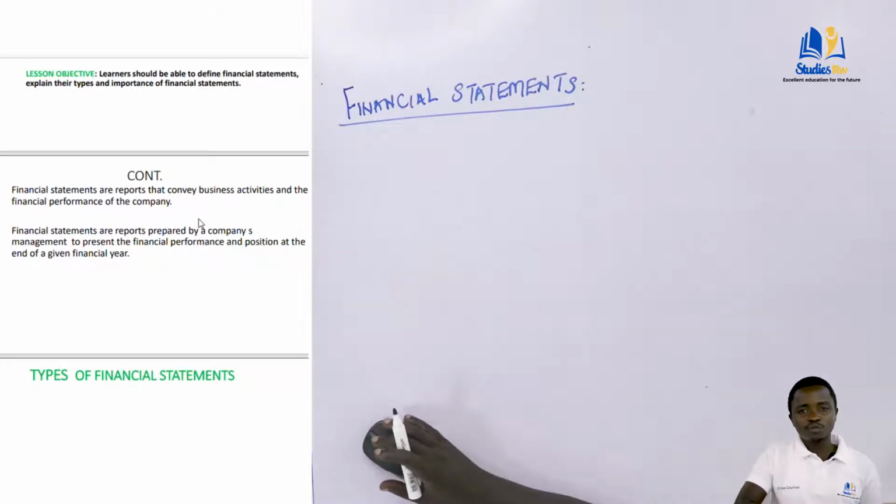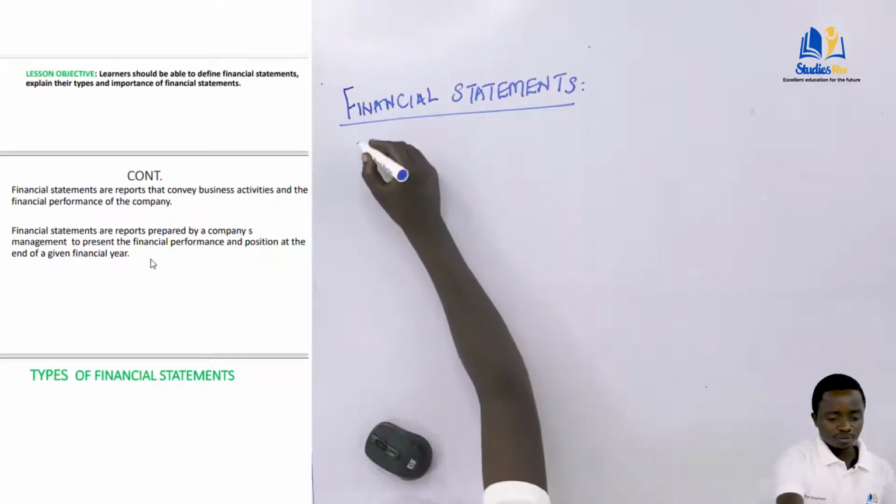In that process of buying and selling, or production, distribution and selling of goods, it involves other activities that we shall see. Financial statements are also reports prepared by a company's management to present the financial performance and position at the end of a financial year.